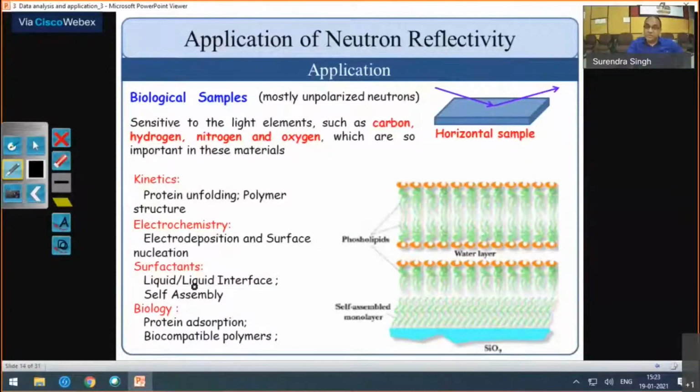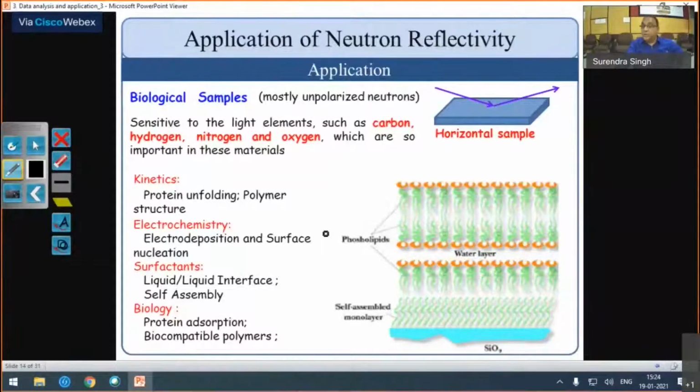It comes as hydrophobic and hydrophilic, so this kind of structure happens. If you want to know the depth dependent structure of this biological sample, you have to do reflectivity, because X-ray won't give you contrast for carbon, nitrogen, hydrogen.